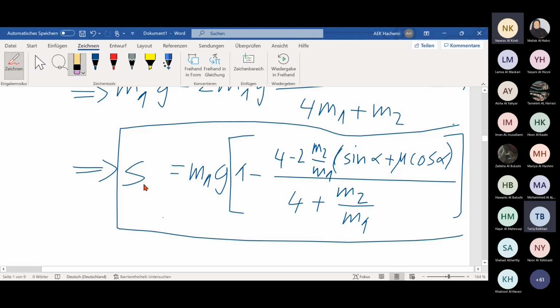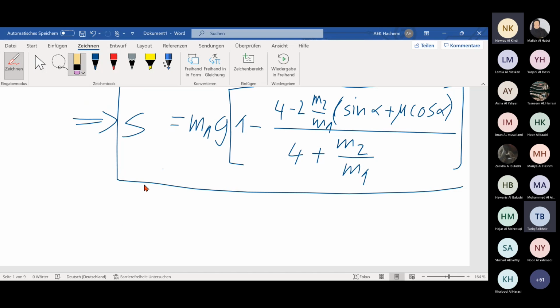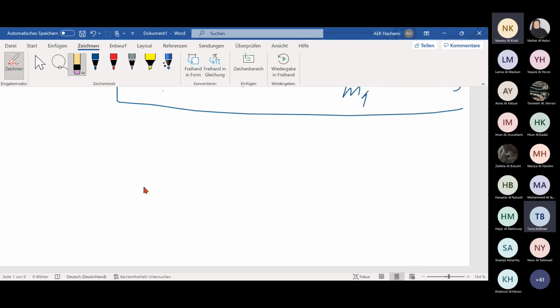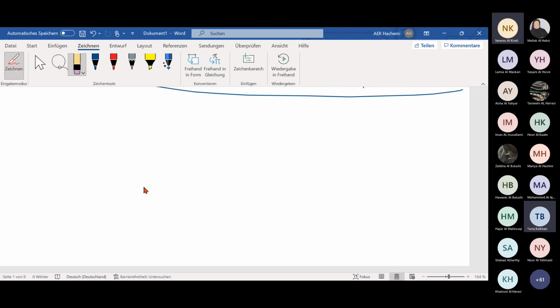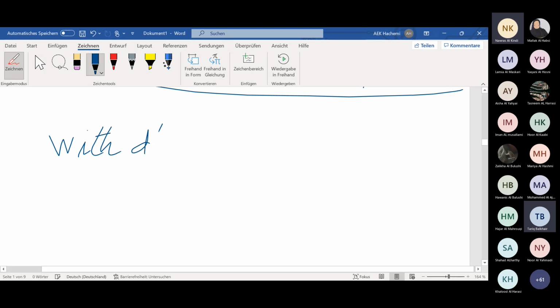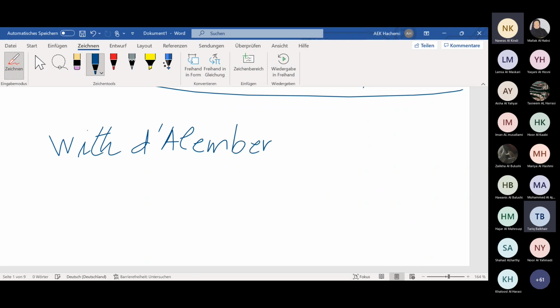Now if we look to the same equations here, but using the D'Alembert relation. With D'Alembert, the same principle.